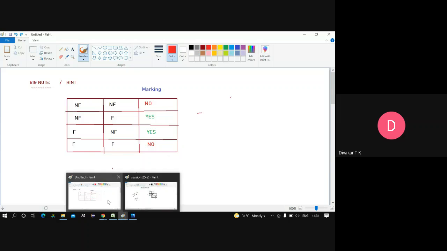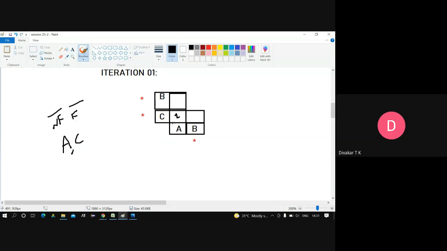How to mark? Please use a cross mark here. You are supposed to use a cross mark here like this. This is what marking is. Understood? Second one: this cell belongs to A also, B also.